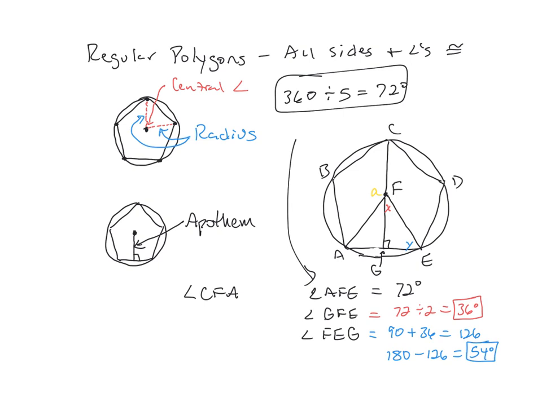And how many central angles are there? Well, there'll be 5 because there are 5 sides. If there were 10 sides in a decagon, there would be 10 central angles. That's why we do 360 divided by 10. In this case, 360 divided by 5. So going from CFA, that's going to include 2 central angles. So I would do 72 times 2 is 144 degrees.